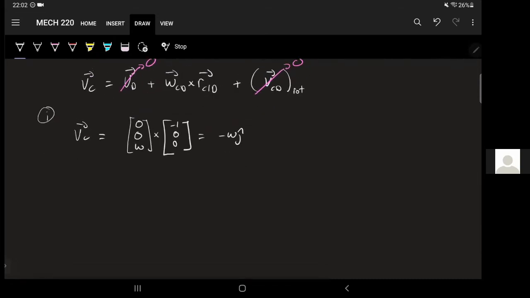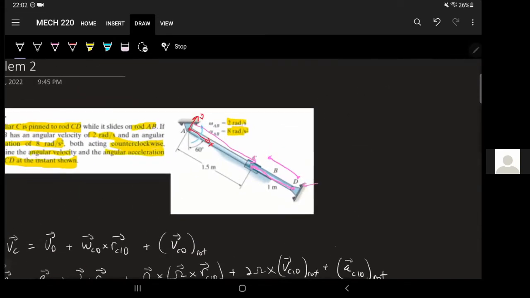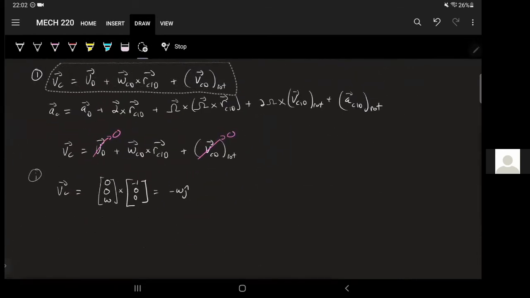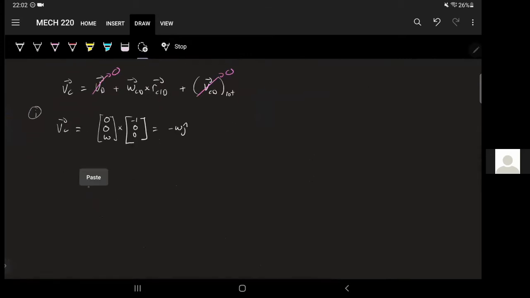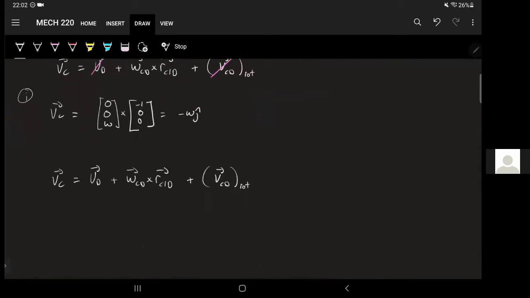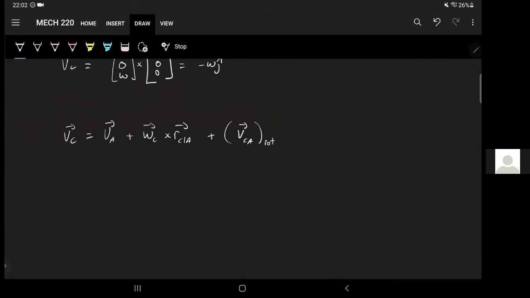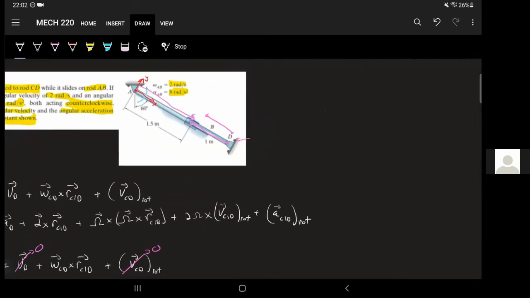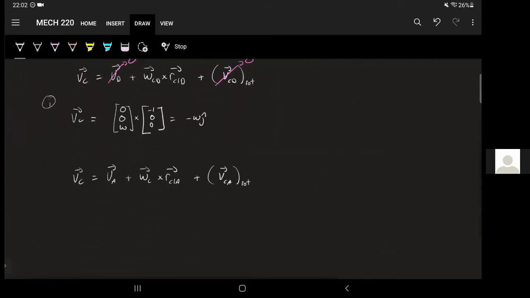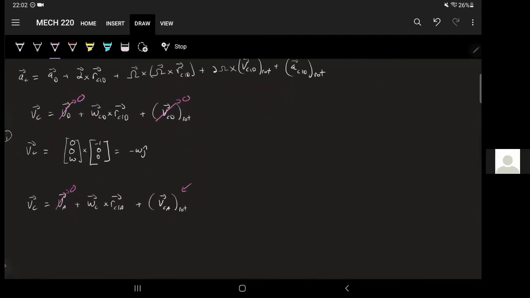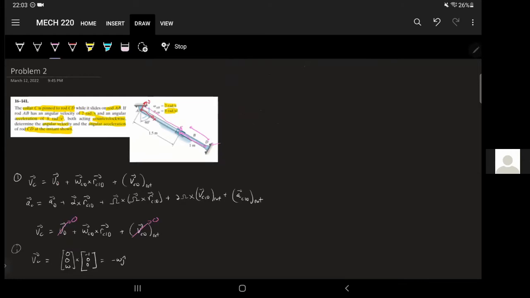Then I'm doing the same thing again, but this time from A to C. I'm going to copy this equation, but instead of starting from D, I'm going to start from A. Once again, A is a pinned point, therefore this goes to 0. And this might not be 0, we don't know, because it could be moving.